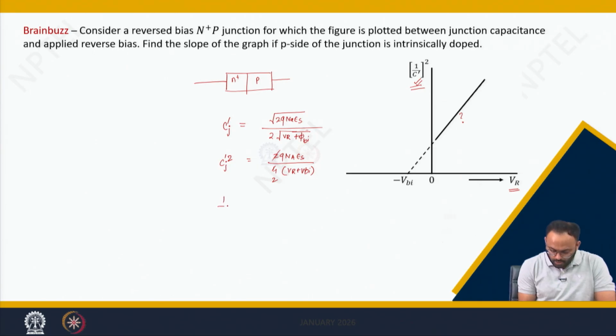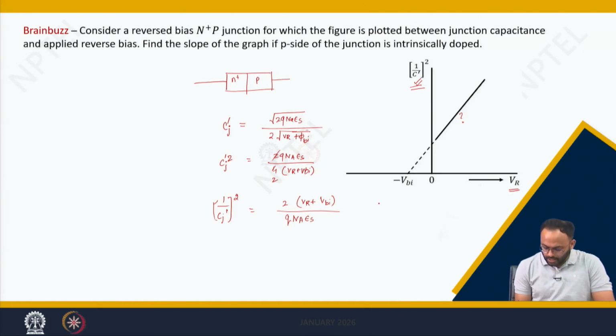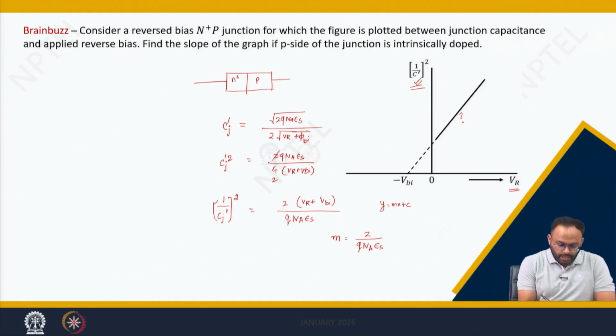So, ultimately 1 over Cj square is equal to 2 times Vr plus Vbi divided by q into Na into epsilon s. So, if you see, this is nothing but y equals mx plus c, where slope m can be given by 2 divided by q into Na into epsilon s.